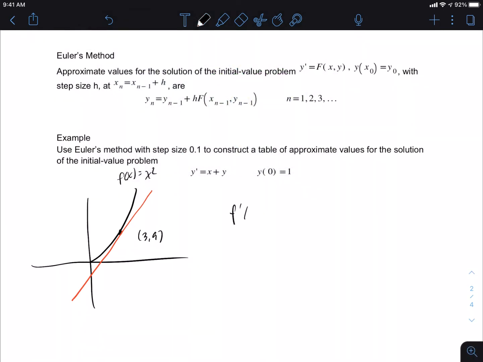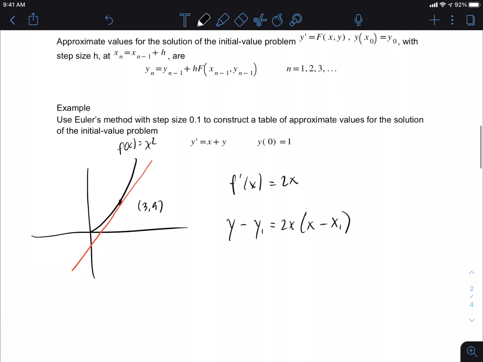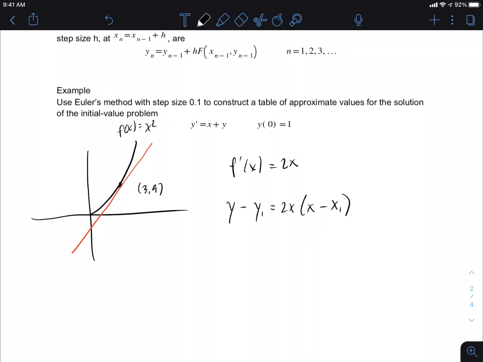So the derivative would have been 2x. Then writing the equation, I would have gone y minus y1 equals 2x times x minus x sub 1, right? Having our derivative. Correct. And then if I said, okay, it's 3, so I'm going to use the point (3, 9).